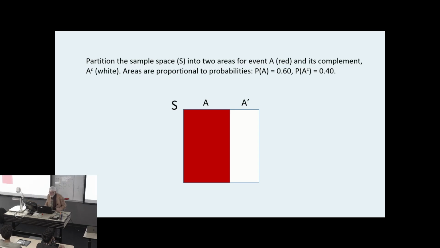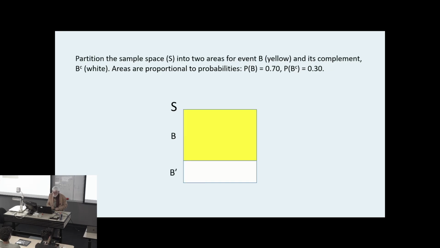Okay, and I did this one too. So I'm going to do the probability of B, and I left the complement on the B as well. Anyhow, the probability of B is 0.7 and the probability of B complement is 0.3.